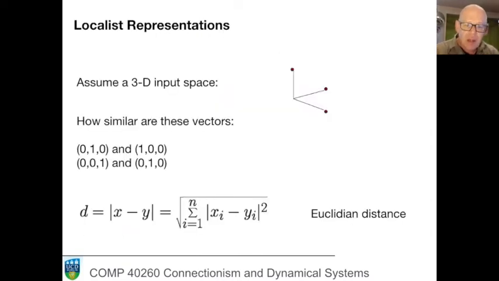Now, coming back to that limiting case of an extreme localist representation. If we have a 3-dimensional input vector, and there's only 3 possible vectors, some of which are shown there, you can see that given any pair of those vectors, we can measure the distance between them, but for all pairs in our set, that distance is going to be identical.